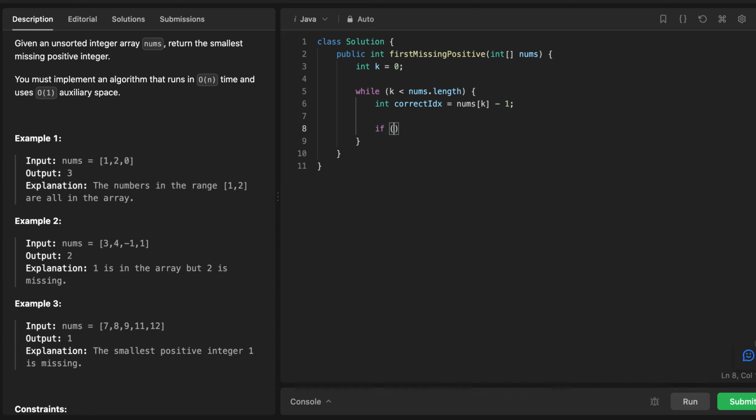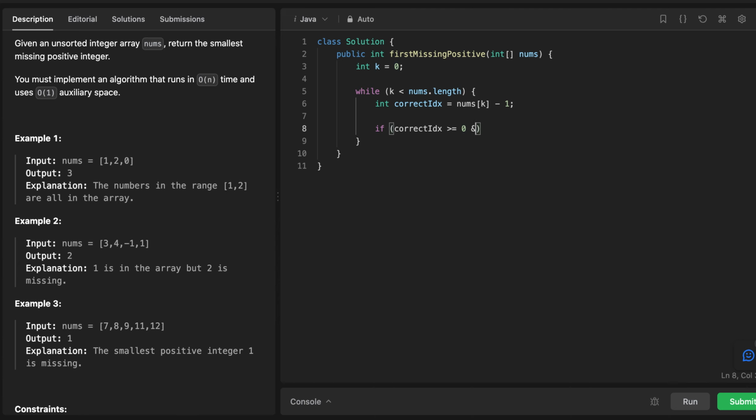So if this correct index is greater than or equal to 0, because sometimes this could be 1, and negative 1 minus 1 could be just 0. We're just taking care of its boundaries, because we don't want it to be negative, since we'll be accessing the nums in a second.